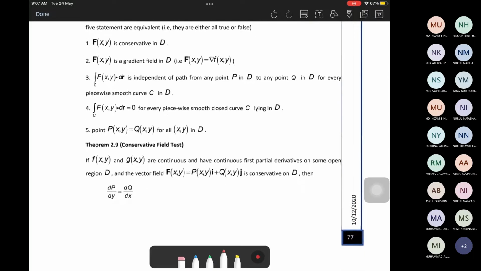Tapi nombor 4 ni adalah special case where the P and Q adalah sama. Right. And number 5, since they adalah smooth closed curve, then P(x,y) equal to Q(x,y). Jadi tadi dah kalau kata closed curve, jadi P is equal to Q.